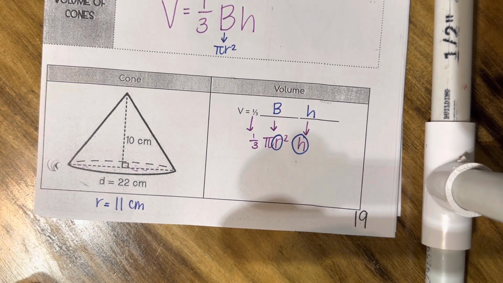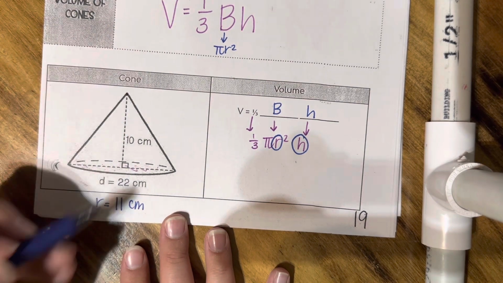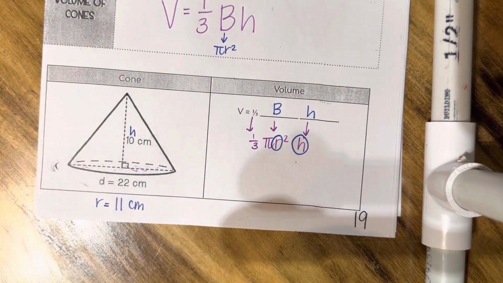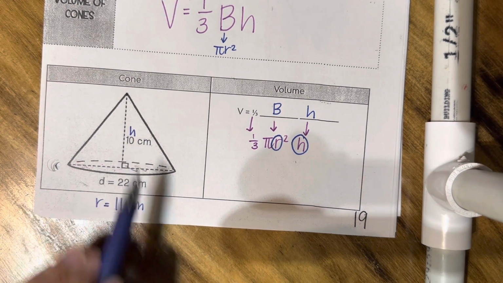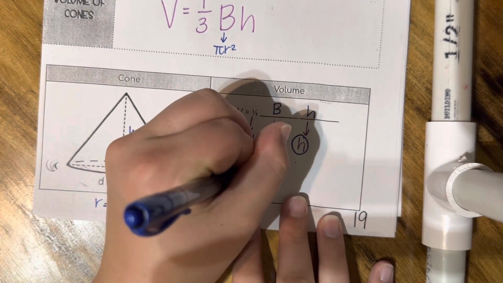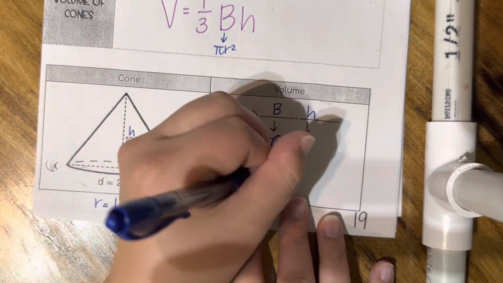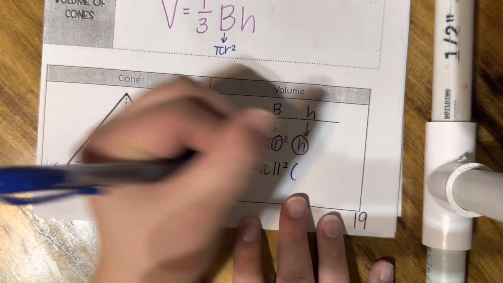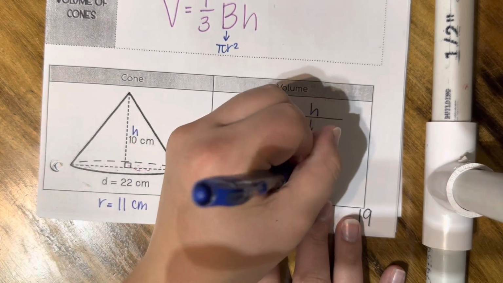My height is the distance from the point of the cone all the way to the base, and they labeled that for me as 10 centimeters. Now that I know my r and my h, I can plug it into the formula. So I have 1/3 pi, my r is 11, so I have 11 squared, and then I'm going to multiply that by the height of my cone, which is 10.